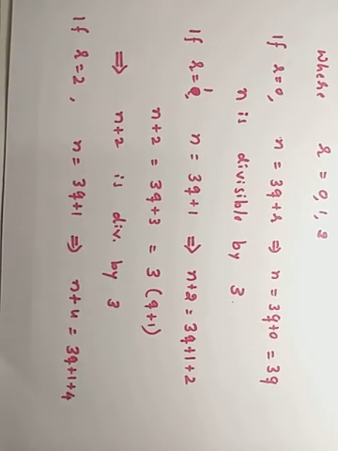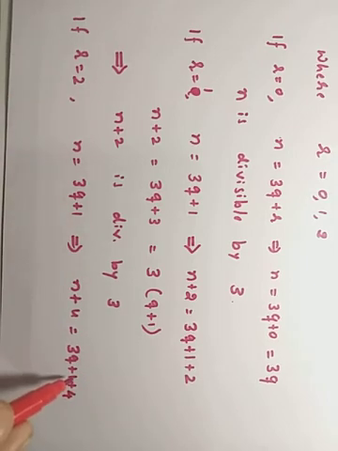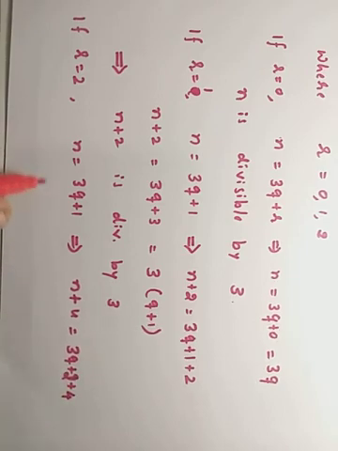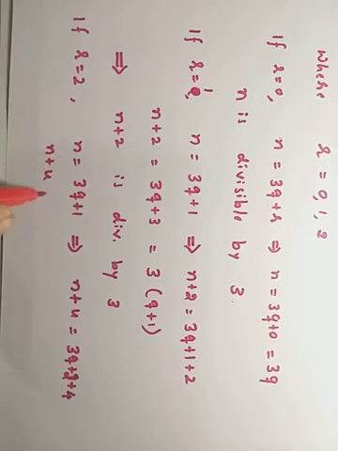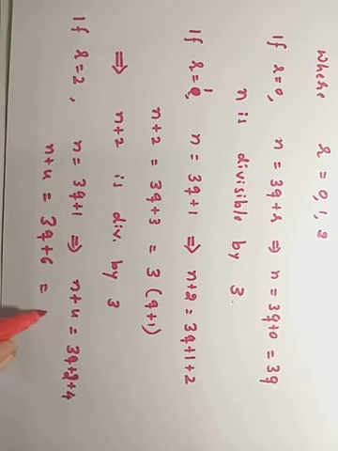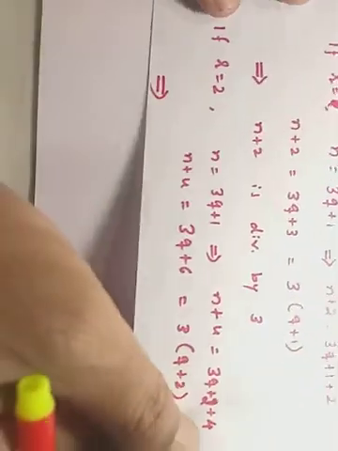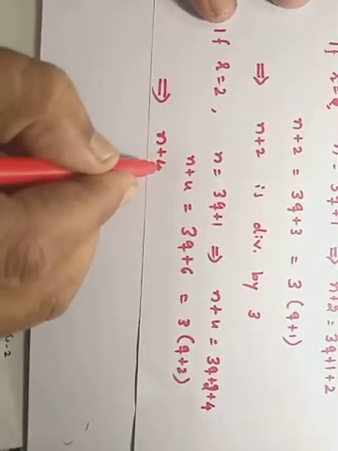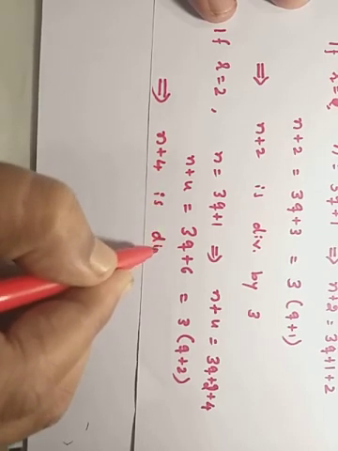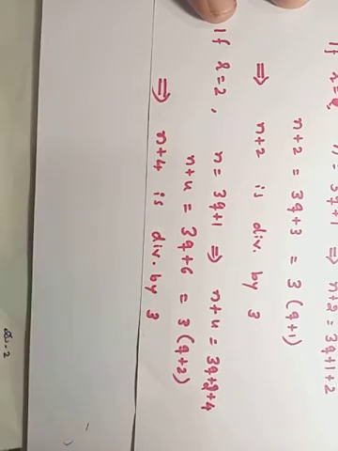That is n plus 4 is equal to 3q plus 6, which is 3 taken common, q plus 2, and hence n plus 4 is also divisible by 3.